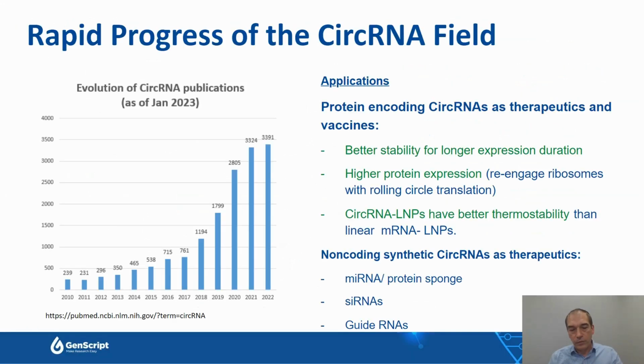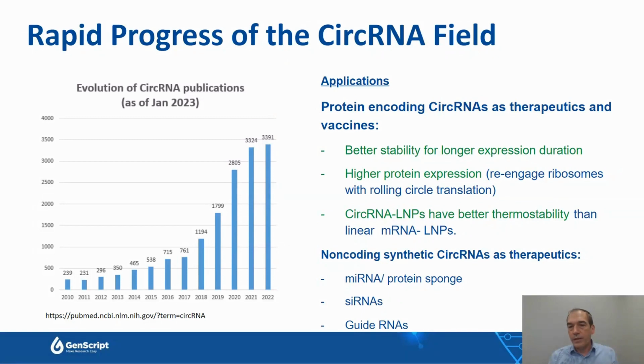And they're very interesting for therapeutic development because they offer very good stability, better stability than linear mRNA, for longer expression duration. They offer usually higher protein expression. They re-engage the ribosomes with rolling circle translation.